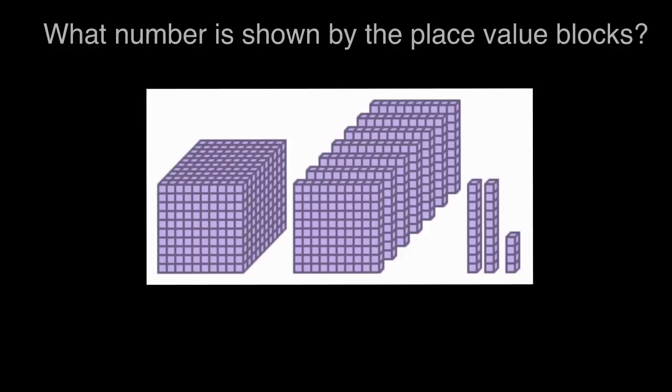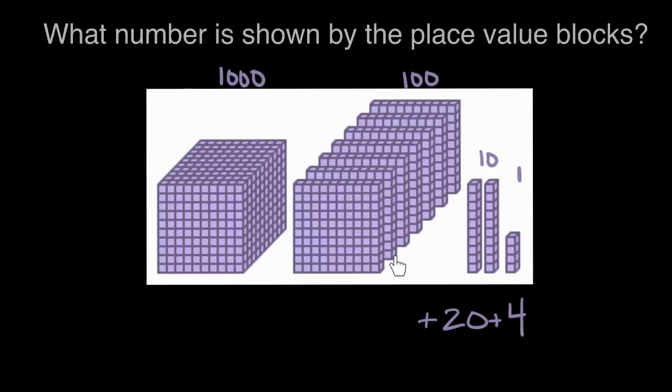Let's remember this is ones, tens, hundreds, and thousands. So looking at our ones, we have 1, 2, 3, 4 ones. 4 ones plus 1, 2 tens, which is 20. 10 plus 10 is 20. Plus now these hundreds, there's several hundred.